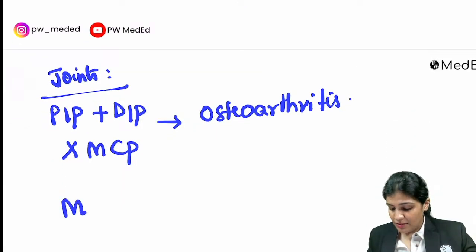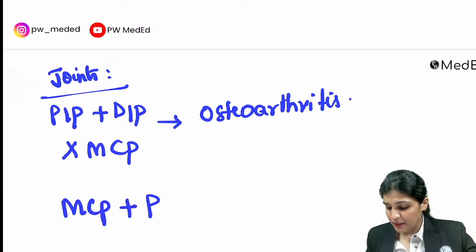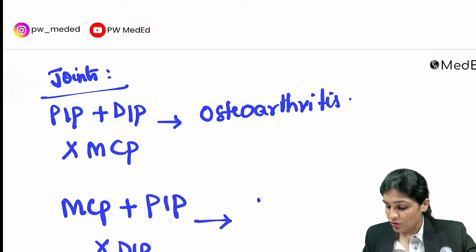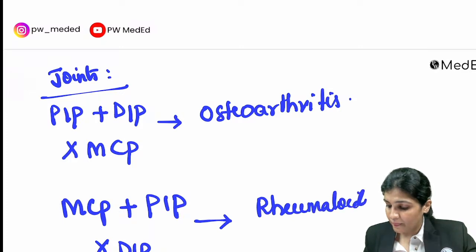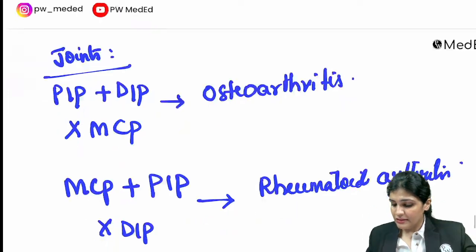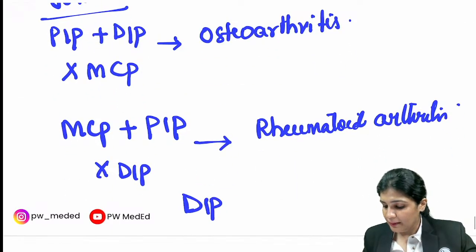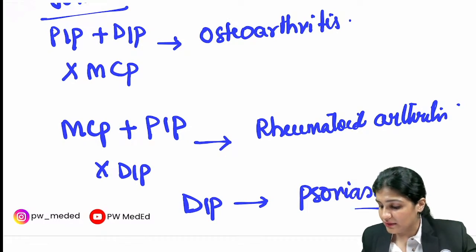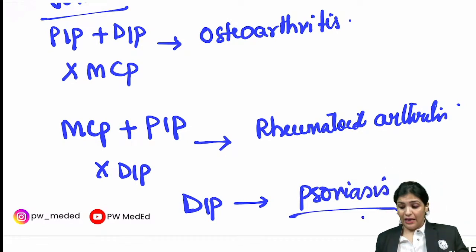If it is your MCP plus PIP, sparing your DIP, it is your rheumatoid arthritis. And if it is mainly DIP, it is psoriasis. Psoriasis will also involve other joints, but mainly your DIP joints are involved.